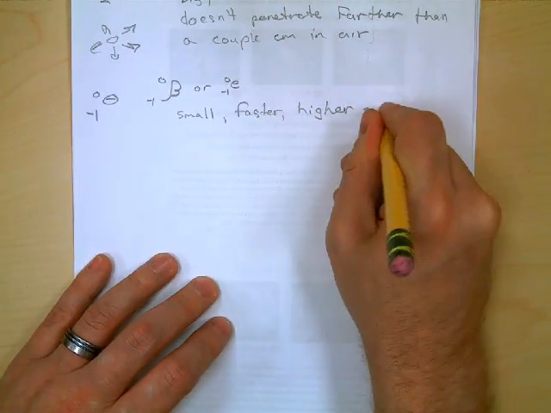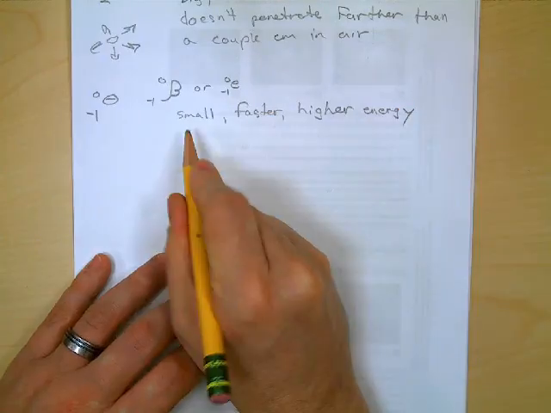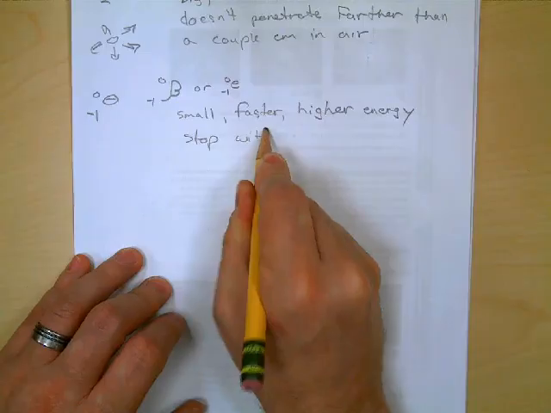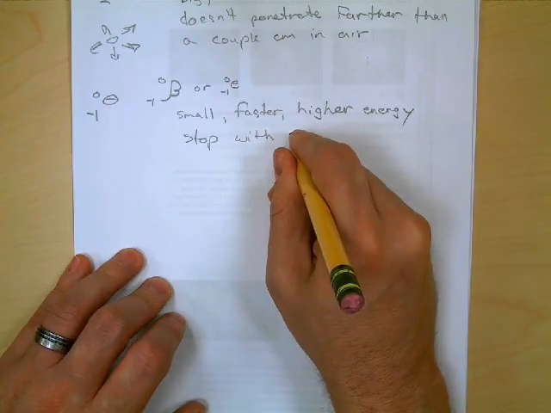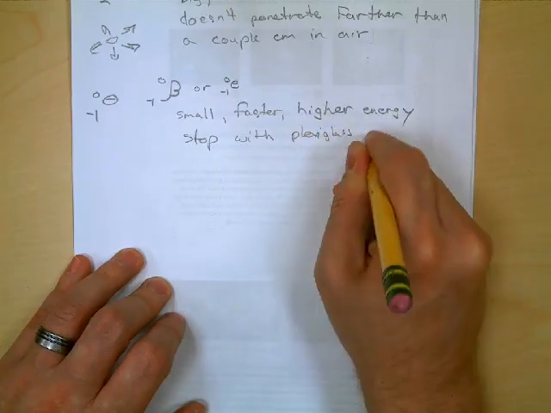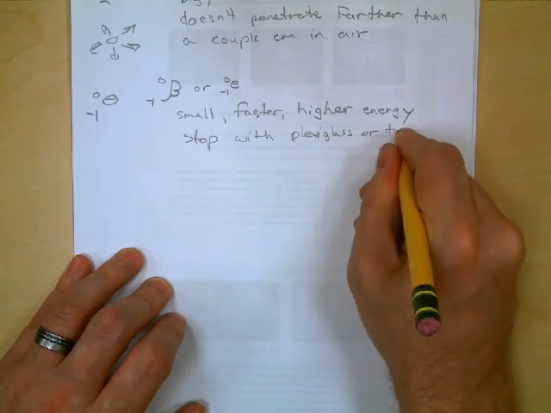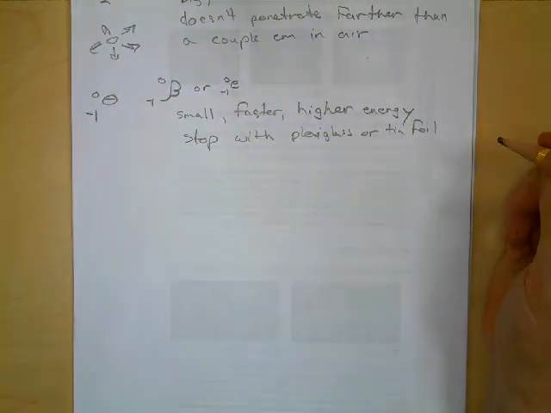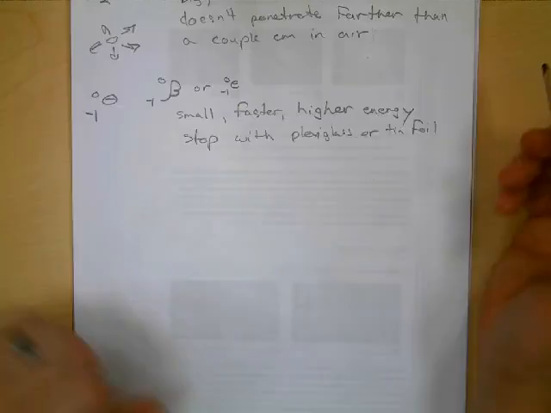Okay? You can stop it with plexiglass or tinfoil. Metal will stop beta particles. More dangerous.